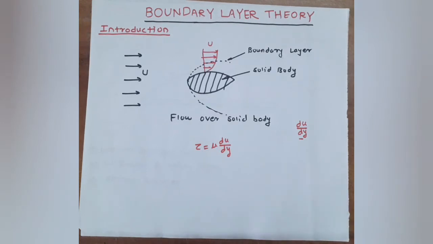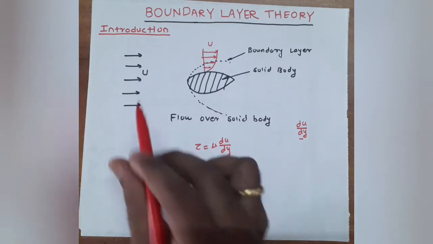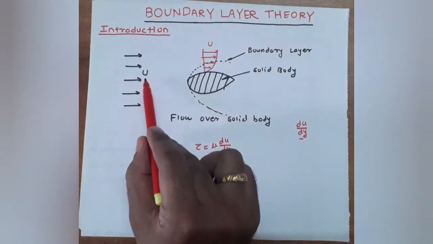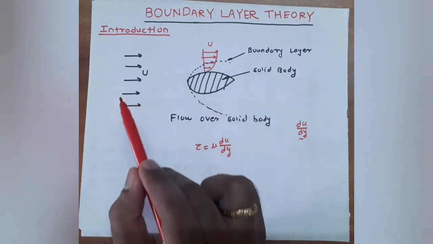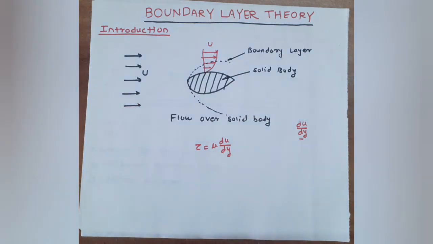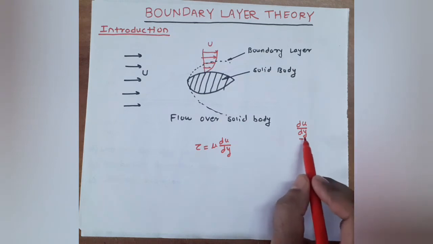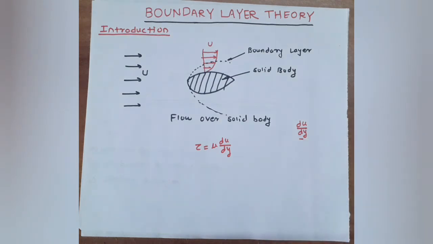The velocity outside the boundary layer is constant and equal to the free stream velocity U, as there is no variation of velocity in this region, and the velocity gradient du by dy becomes zero. As a result, there is no shear stress, or the shear stress value is zero.